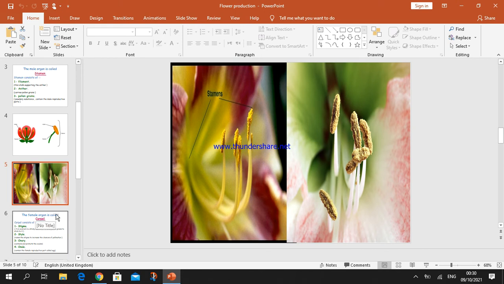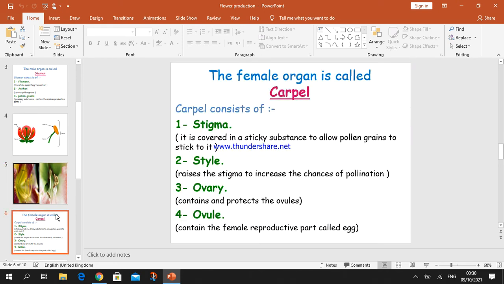The second part is known as carpel or pistil. Carpel or pistil is the female reproductive organ in flowering plants. Carpel is composed of stigma, style, ovary, and ovule.